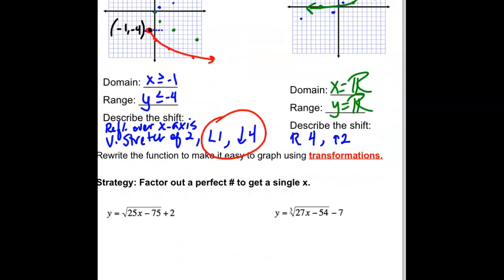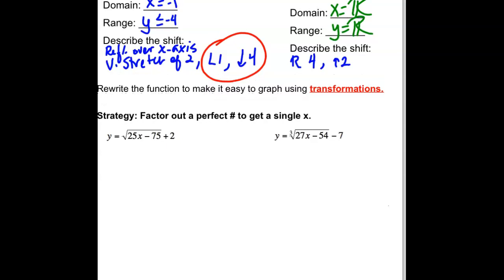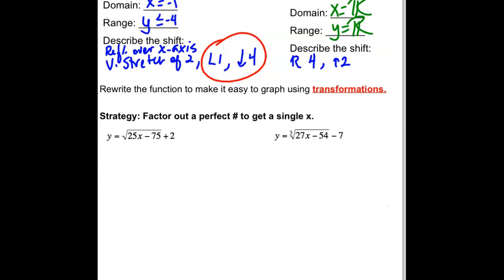All right. It says to rewrite the function to make it easy to graph using transformations. Our strategy is to factor out our perfect number to get a single x. So in that transformation format, we either have that with the index being 2 or the index could be a 3.